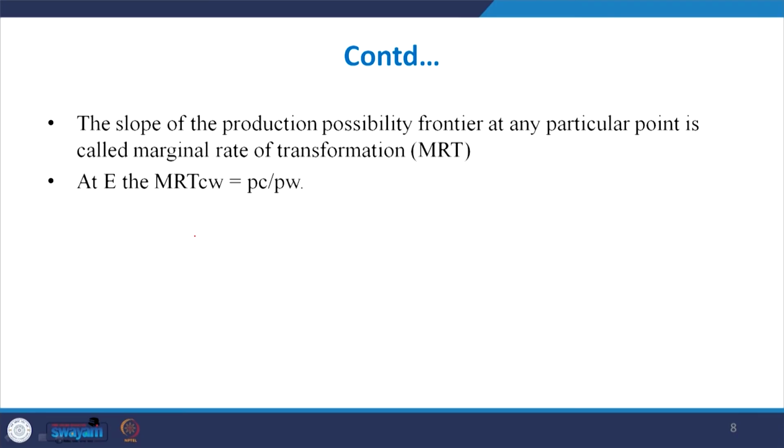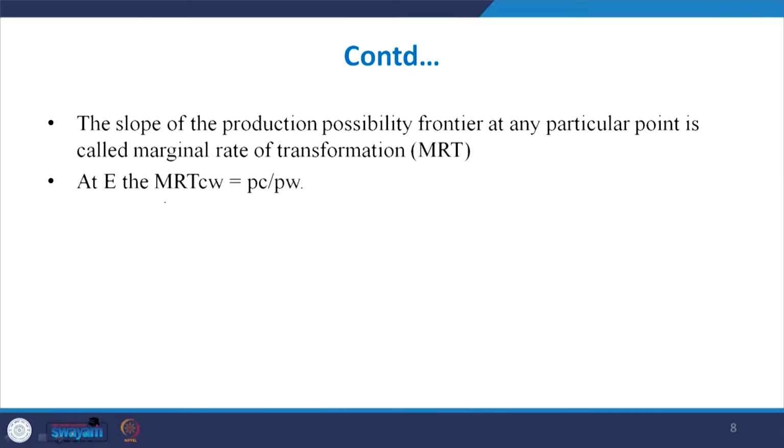The slope of the production possibility frontier at any particular point is called, as I already told you, MRT, marginal rate of transformation, and at the equilibrium point this MRT of C for W, meaning the marginal rate of transformation between cheese and wine, should be equal to their price ratio. How much is the price of cheese and wine?